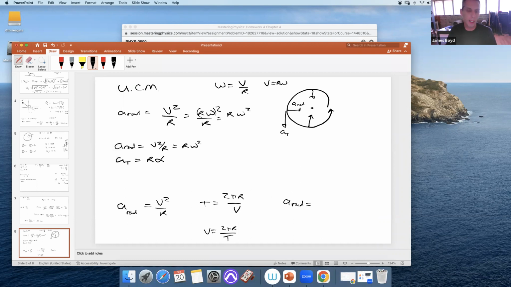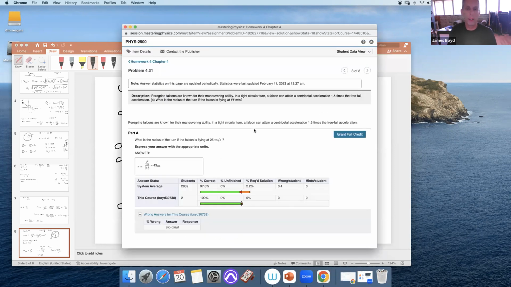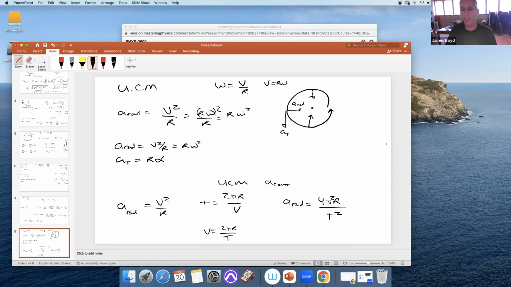We can plug this in for our v squared. We would get 4 pi squared r squared over r, over T squared. These equations are basically uniform circular motion, centripetal or radial, whatever you want to call it.